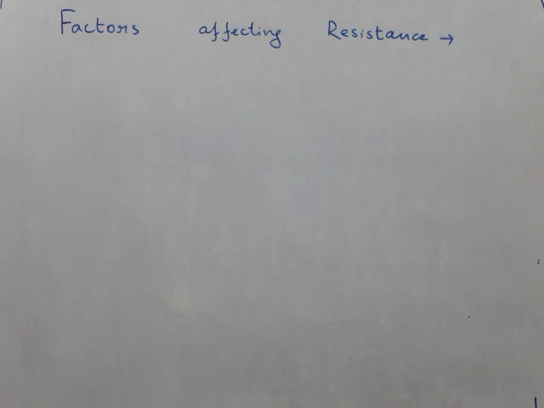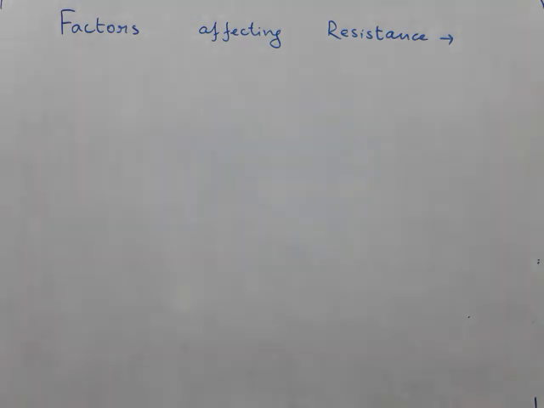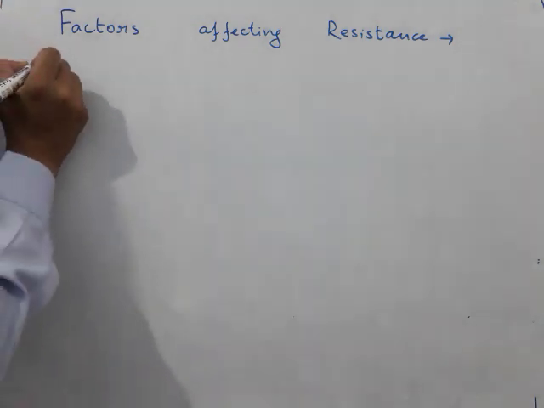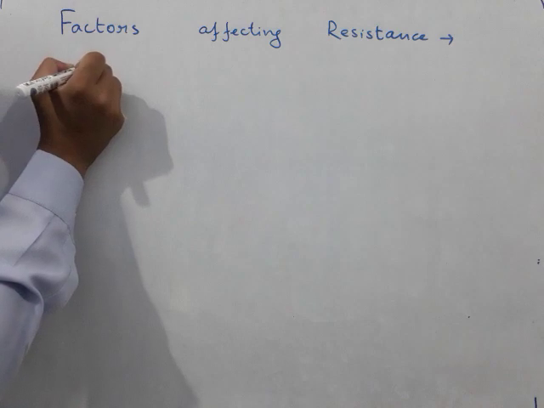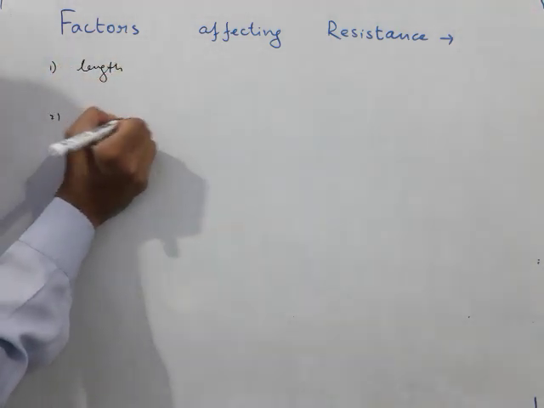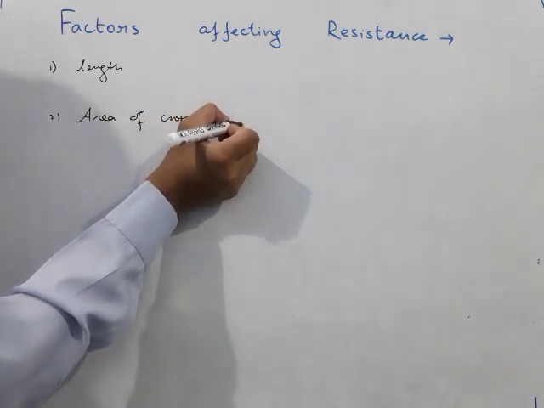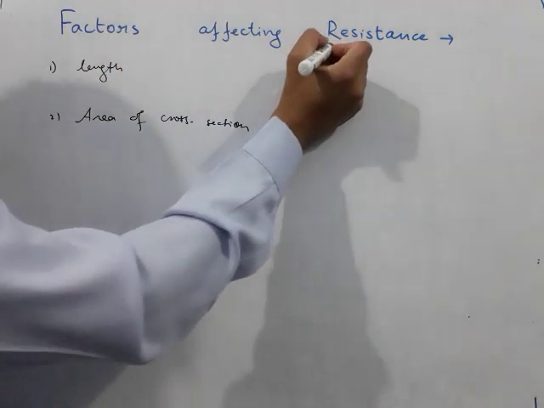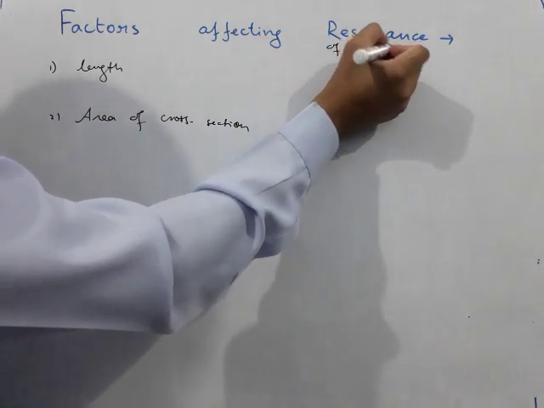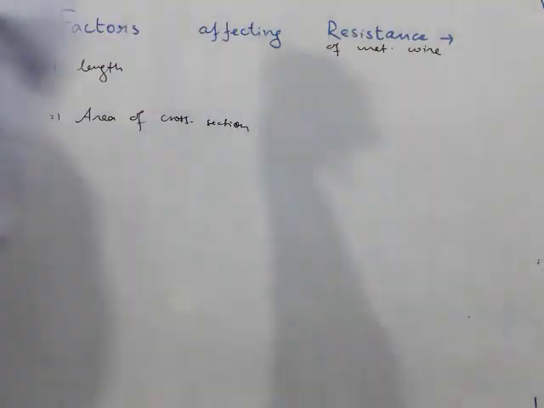Next topic that we had discussed, you have been taught, are the factors that affect resistance. So let us quickly see what are the factors. First one is length. Next one is area of cross section. Now let me modify this topic. This is factors affecting resistance of metallic wire, conducting wire.